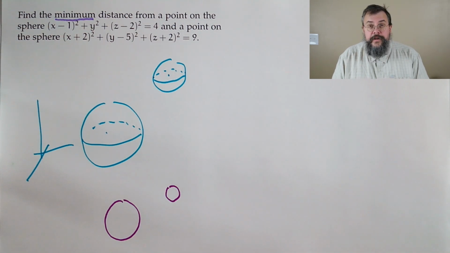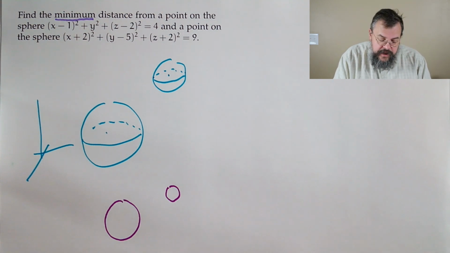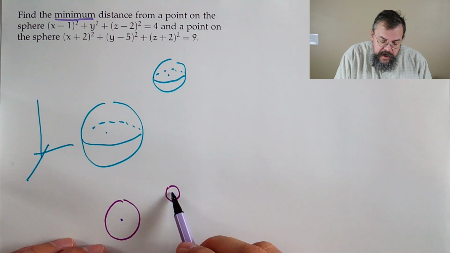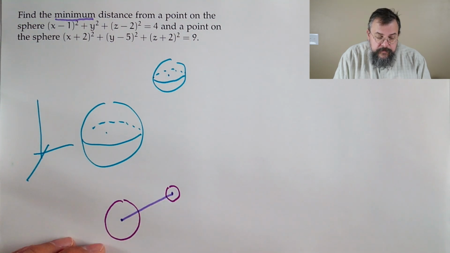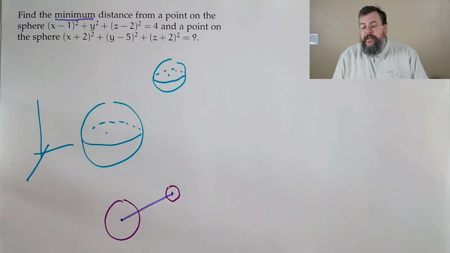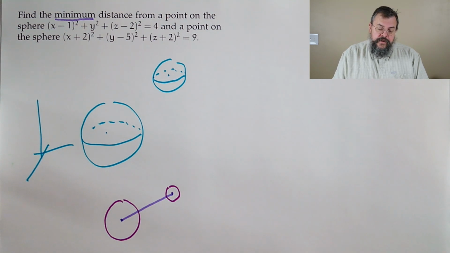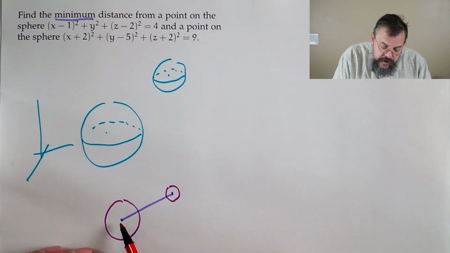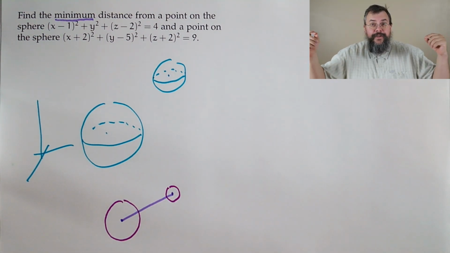Now, here's the key idea: let's look at what happens when we connect the centers. All right, so I've now connected the centers. What's true? Well, this line segment between the centers we can definitely find because it's unique.